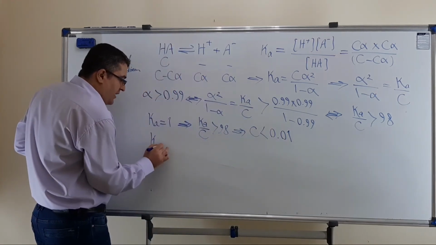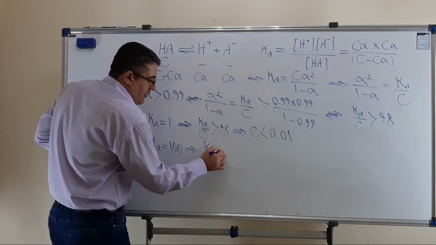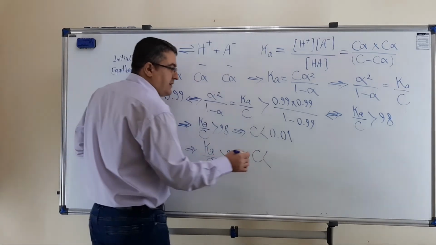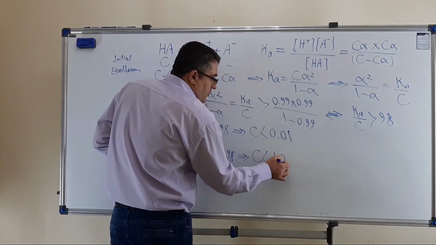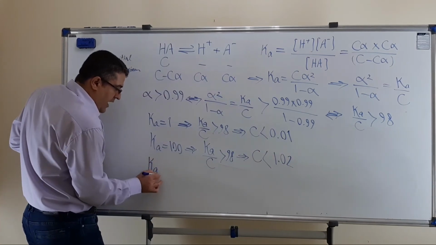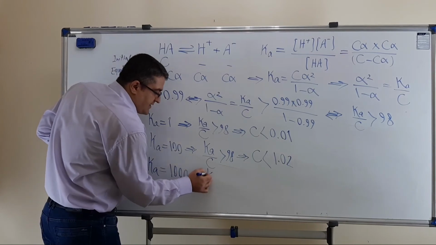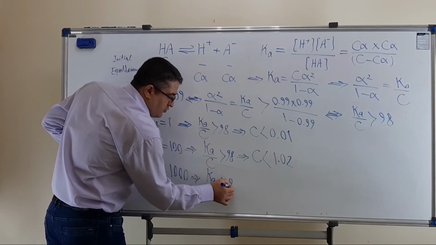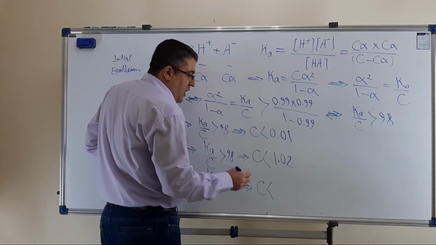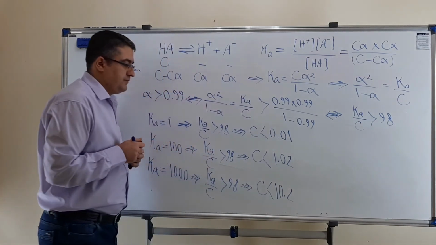For Ka equal to 100, we should have the initial concentration of acid smaller than 1.02. For Ka equal to 1000, we see that we should have the initial concentration of the acid smaller than 10.2.